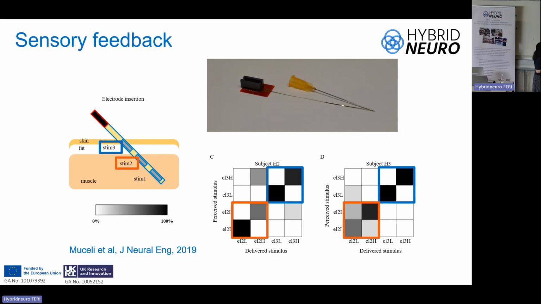So this means that with one electrode, we are able to have two channels of sensory feedback information, which may be important. These are, of course, very preliminary results, but I think there is an important point that we can make.